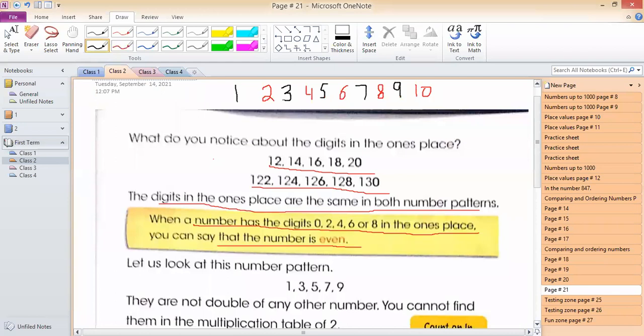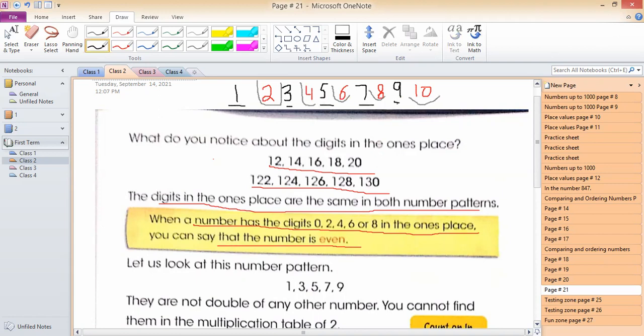Those numbers which come in the table of 2, like 2, 4, 6, 8 and 10, are even numbers. Those numbers which are not divisible by 2, which don't come in the table of 2, are odd numbers, like 1, 3, 5, 7 and 9.